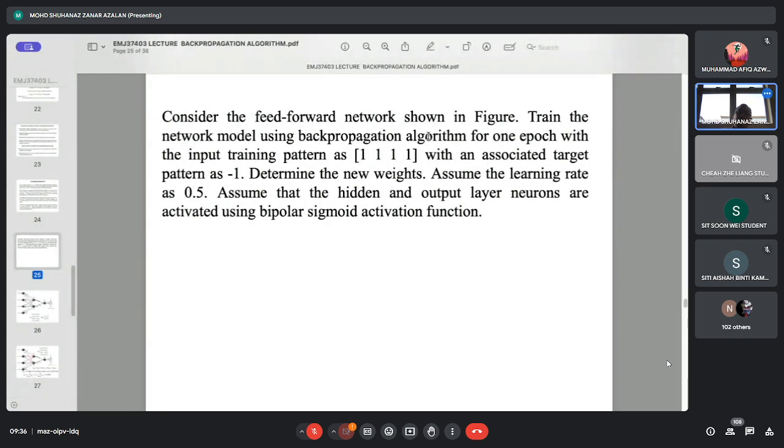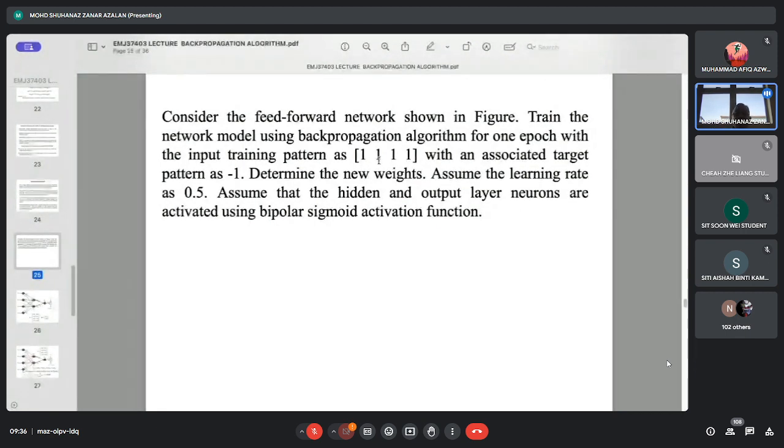So it says train the network using the backpropagation algorithm only for 1 epoch. Epoch means 1 cycle of updating the weightage. If we say 5 epochs, that means we update the weightage 5 times: first update, second update, third update, fourth update, and then fifth update. So that finishes 5 epochs. 1 epoch means one cycle.